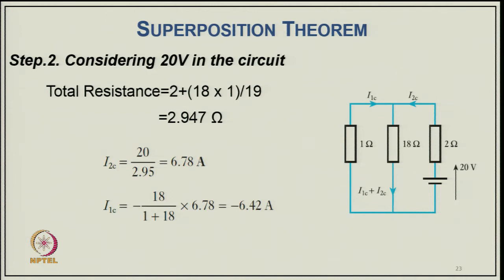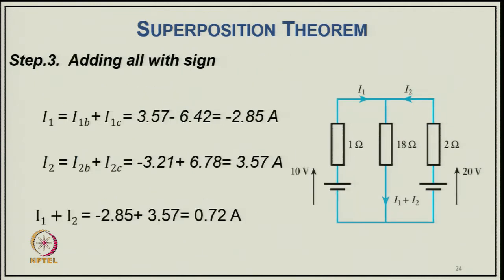So, we know the currents in the different branches due to the two sources, and now we can apply the superposition theorem to find I 1 for the two cases. I 1 equals I 1 B plus I 1 C, that is 3.57 minus 6.42, so this current is minus 2.85 ampere.